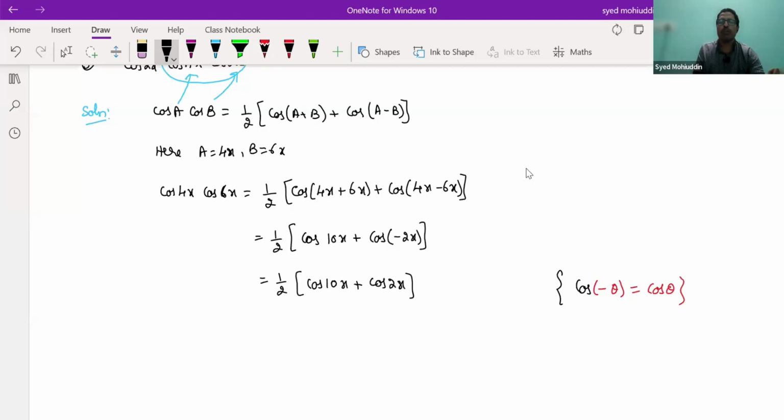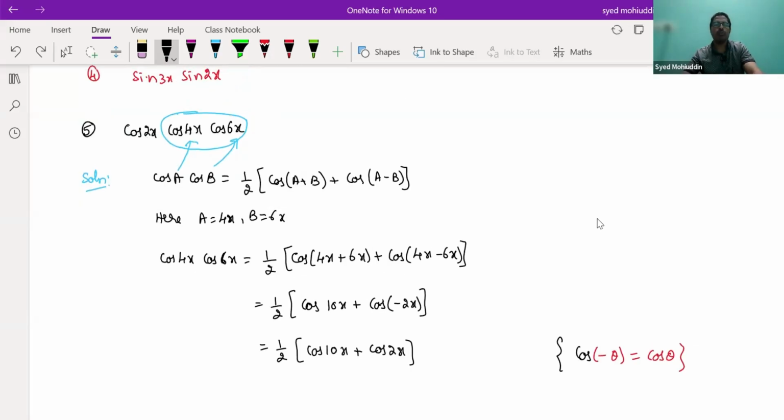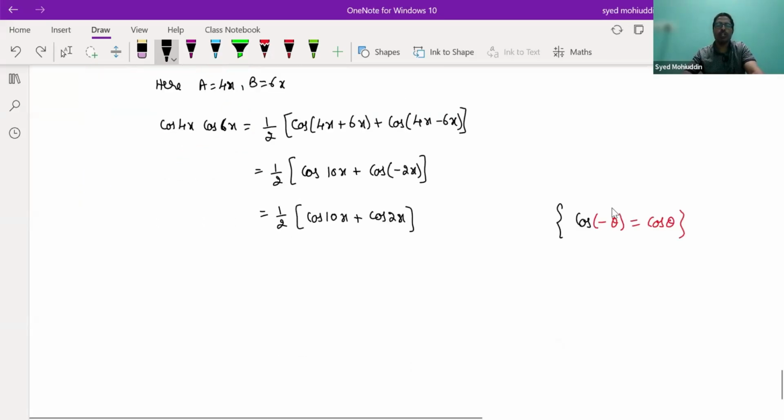But if you try to observe, this is not our question. Cos 4x cos 6x is not our question. Our question requires cos 2x to be multiplied. So let us multiply cos 2x on both the sides.